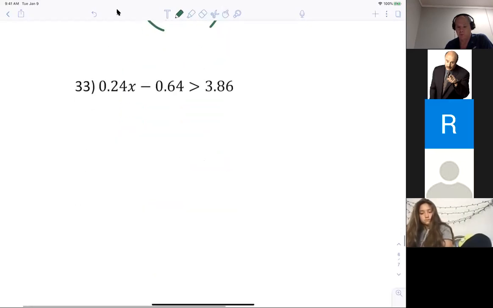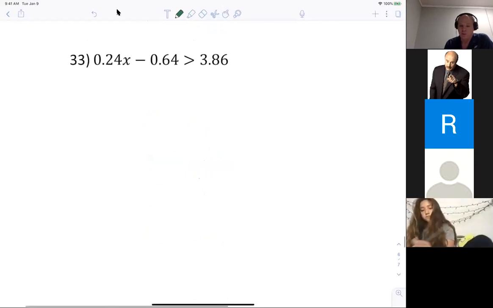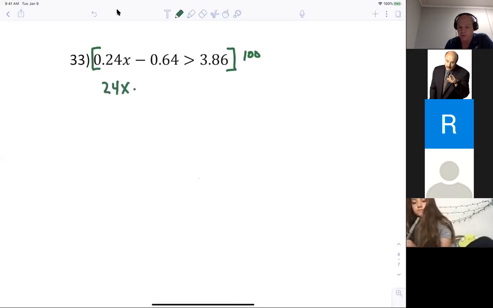Now we've got the annoying decimals. I want to get us out of the habit of always using a calculator, because some of you are going to schools where they don't want you using calculators so much. But does everybody see, if you have all those decimals, we could just multiply by 100 and then we get rid of the decimals. So that would just be 24x minus 64 equals 386.